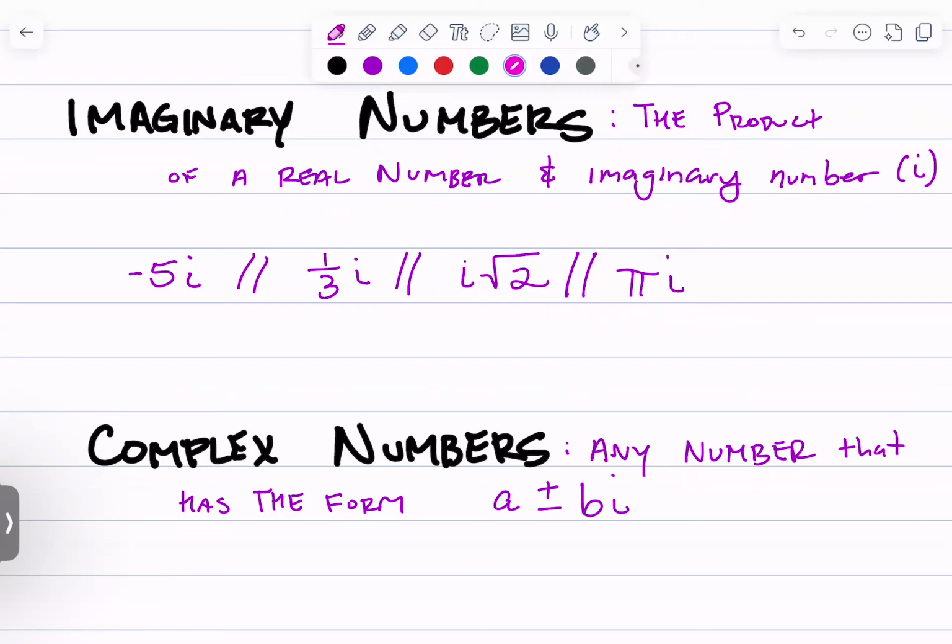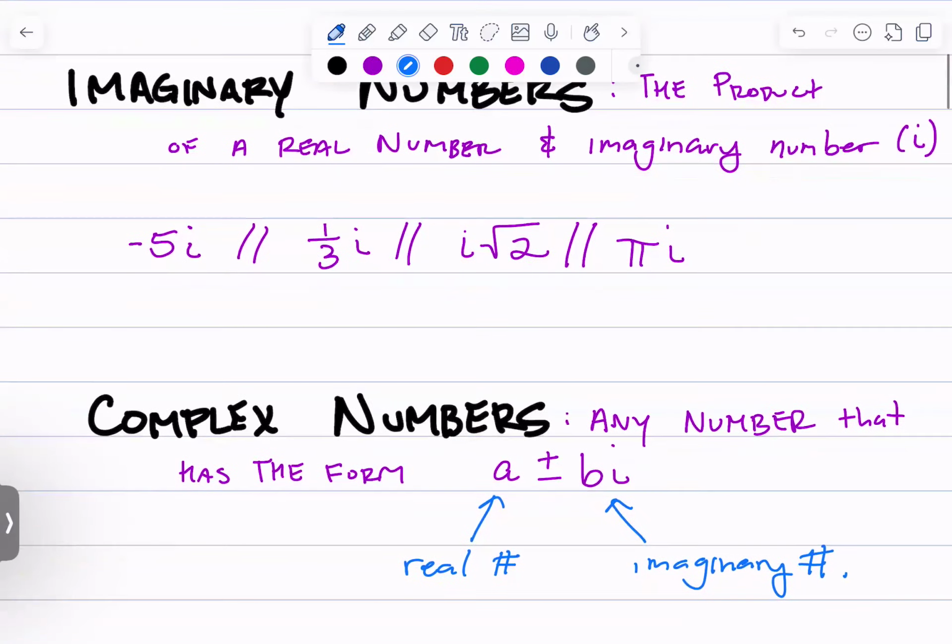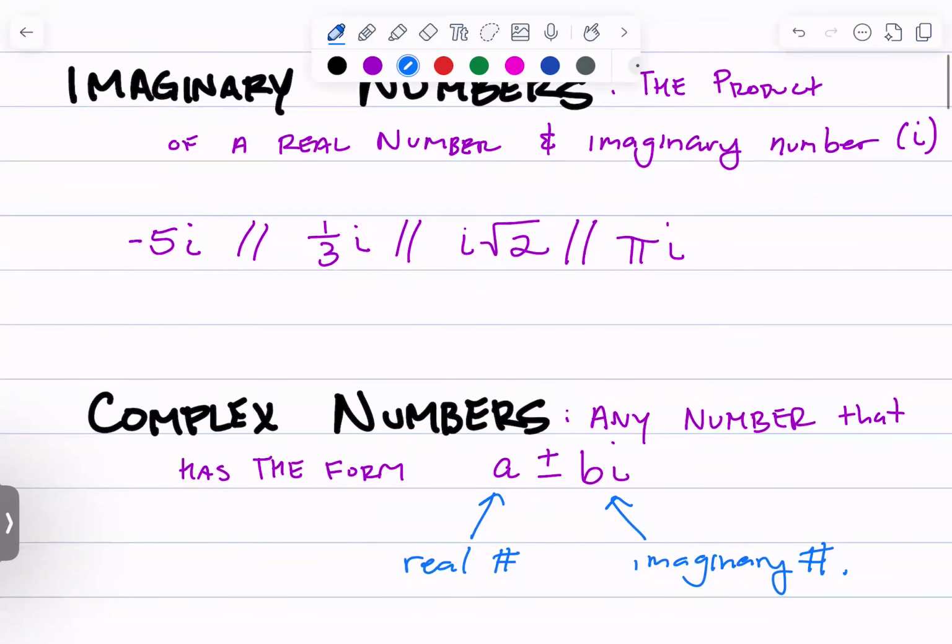Okay, where a is the real part and bi is the imaginary part. So it's just a sum or difference of a real number plus or minus an imaginary number. Okay.